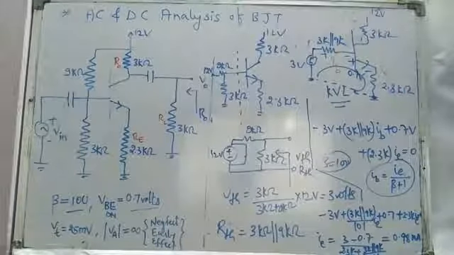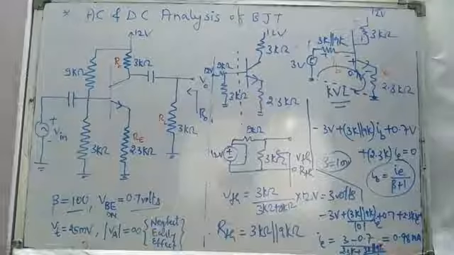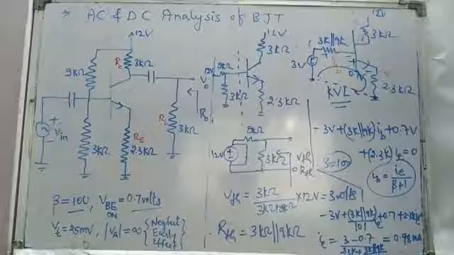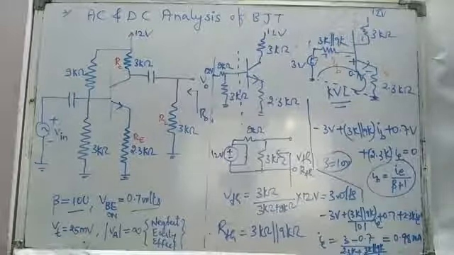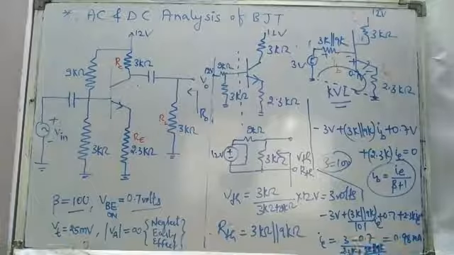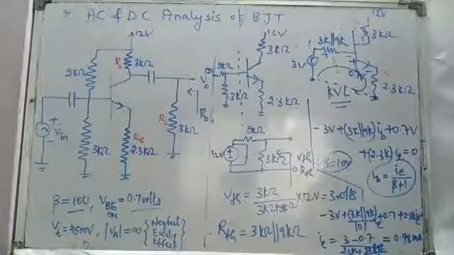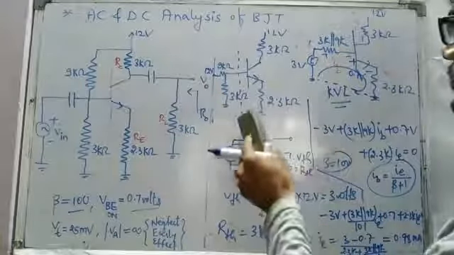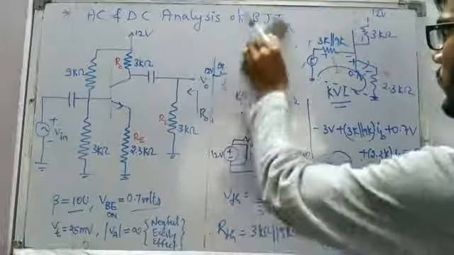Using a calculator, 3 minus 0.7 will be 2.3, divided by 2.3k plus 3 parallel 9, which you first have to calculate, then divide by 101, and then divide the numerator by the denominator, so it will come as 0.98 milliampere. So we have IE now. Our aim was to calculate gm and r pi.